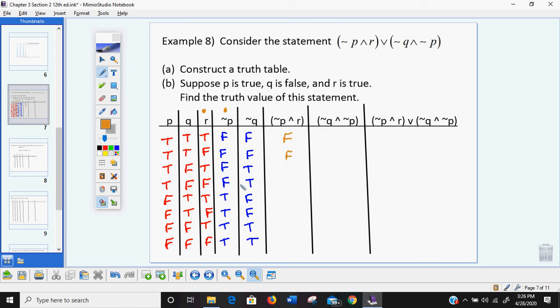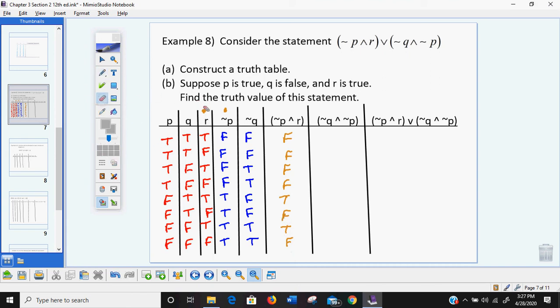The third row is false. The fourth row right here is false. The fifth row, true, true, is true. The sixth row is false. The seventh row is 2 true, so that is true. And the eighth row is a false and a true, so that is false. So we end up with 2 trues out of all those.